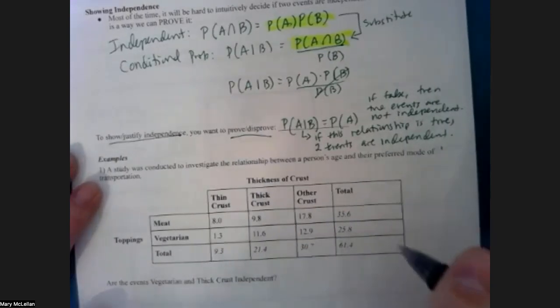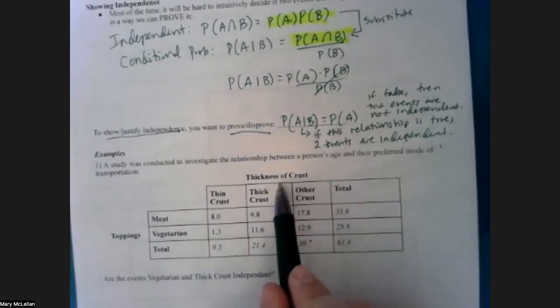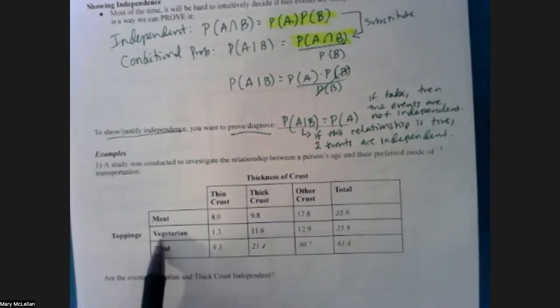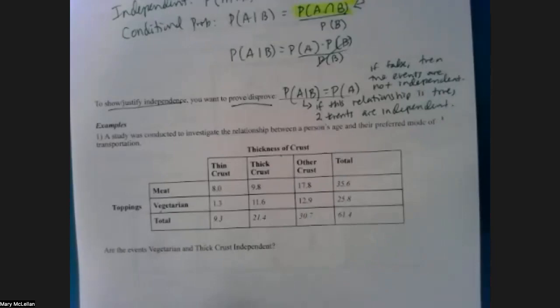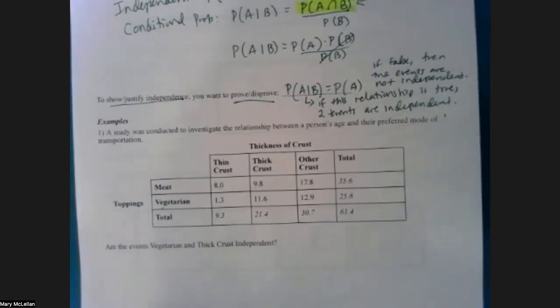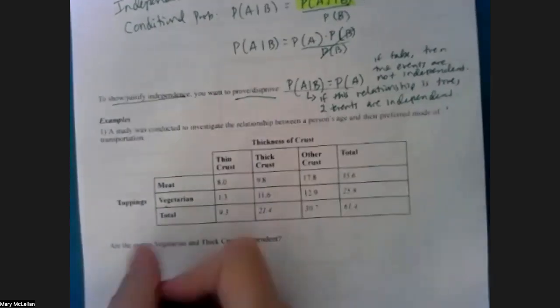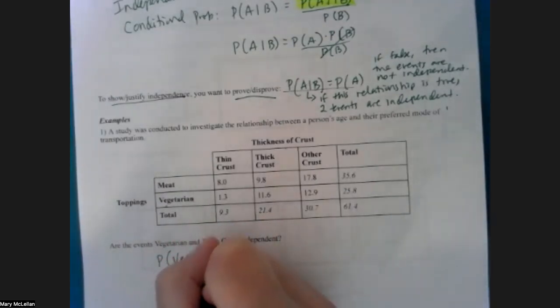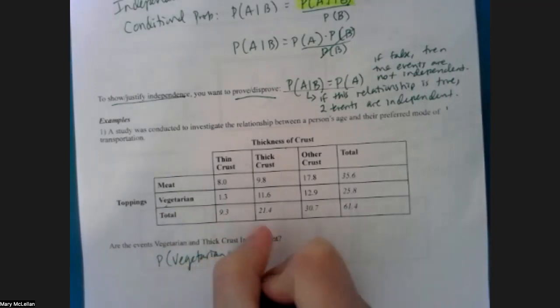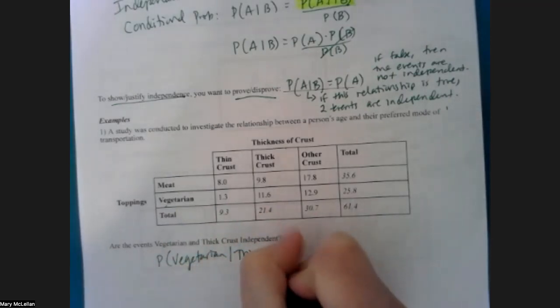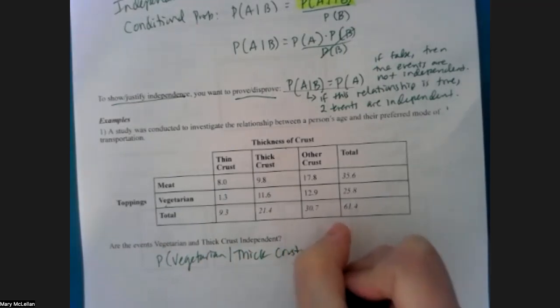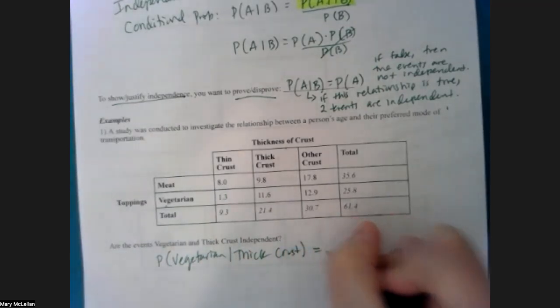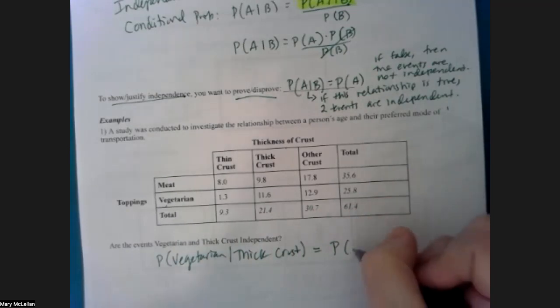So we're investigating the relationship between a person's thickness of crust preference and whether they prefer meat or vegetarian pizza. Okay. Are the events vegetarian and thick crust independent? Let's see. So we want to check, is the probability of vegetarian given thick crust equal to just the probability of being vegetarian.